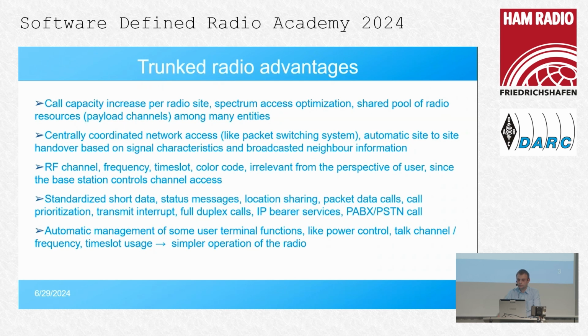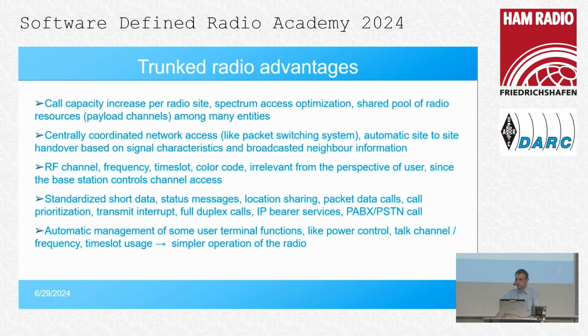Additionally, it has IP bearer services, so basically IP transport over packet data, and it can be connected to the public switched telephone network or private branch exchanges, which may not be relevant to amateur radio, but it's there in the standard.